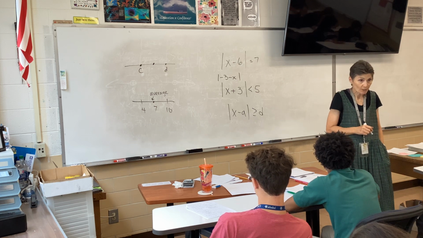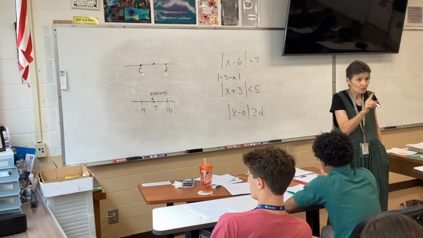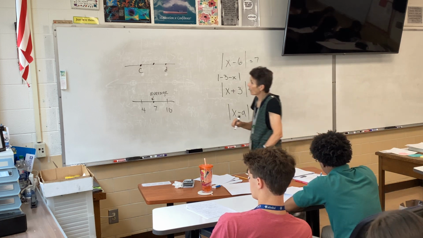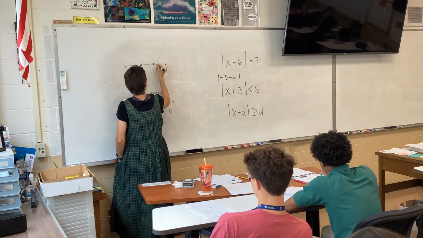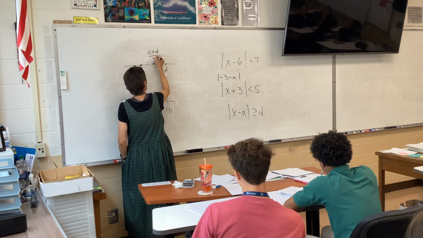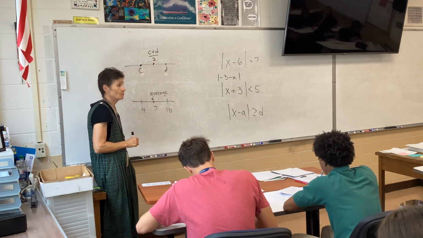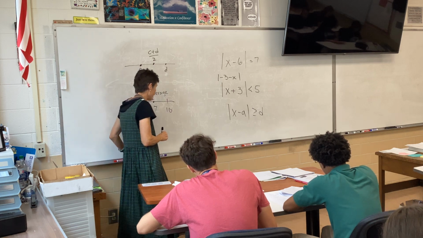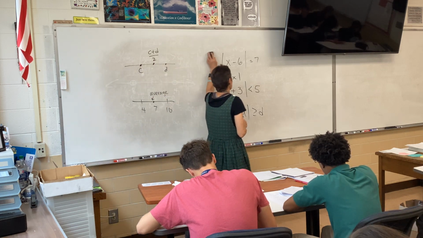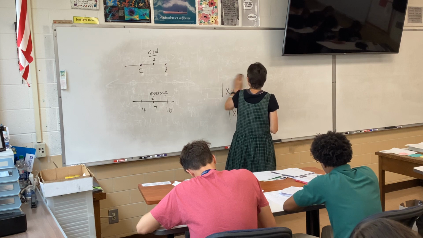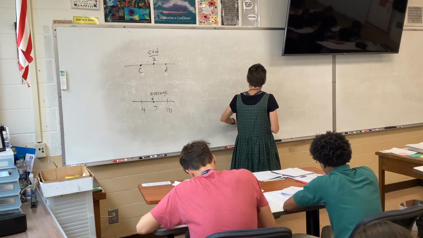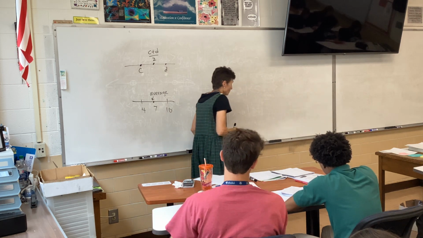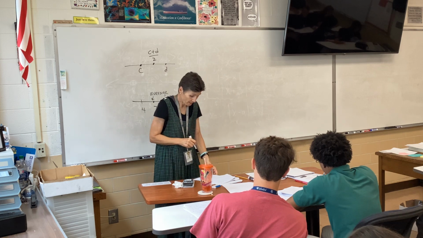We average it. So, how do you average a C and a D? You add them and divide by 2. That's how you're going to find midpoint, not just on a number line, but anywhere. Midpoints are always just averages. We're going to add them and divide by 2.